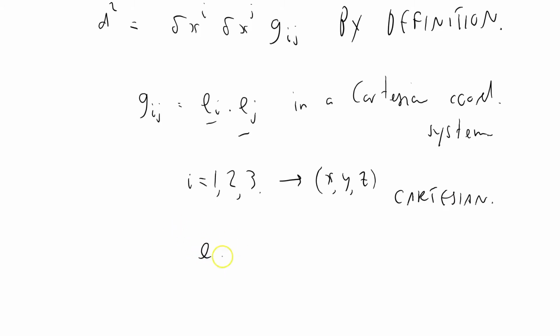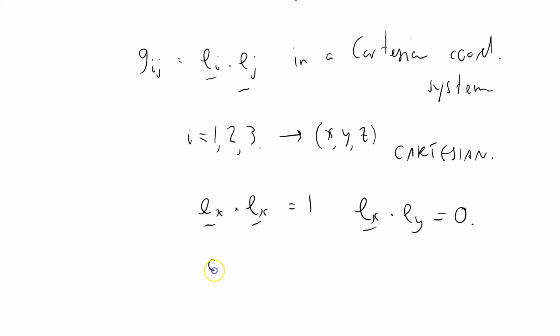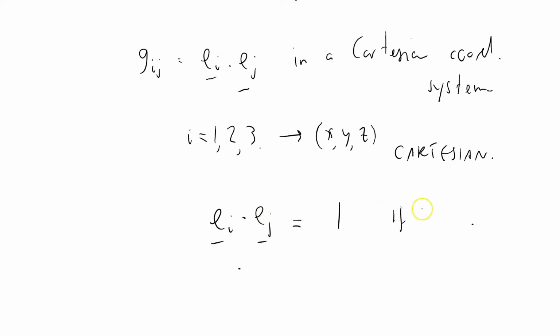We know that ex dot ex equals 1, and ex dot ey equals 0 because they're at right angles, and ey dot ey equals 1. It's easier writing out the numbers. We know that ei dot ej equals 1 if i equals j, and 0 if i is not equal to j.